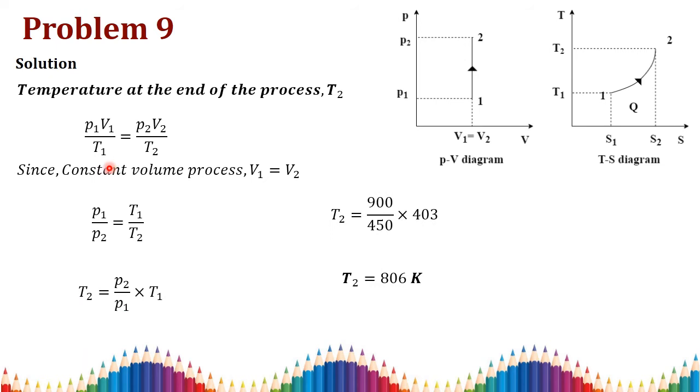Then we need to find out T2. In this equation P1, P2 is known, T1 is known. Only one unknown term is T2. So I can write T2 is equal to P2 by P1 into T1. I am substituting the values here. So P2 by P1 into T1, substituting all these values, what you get is T2 is equal to 806 Kelvin.